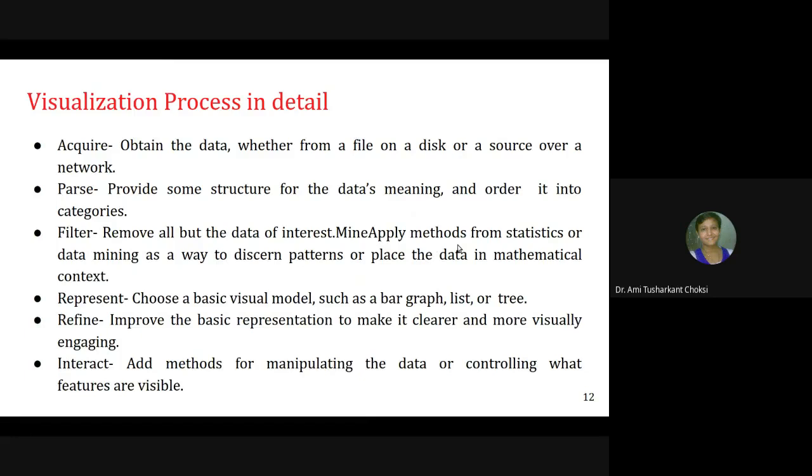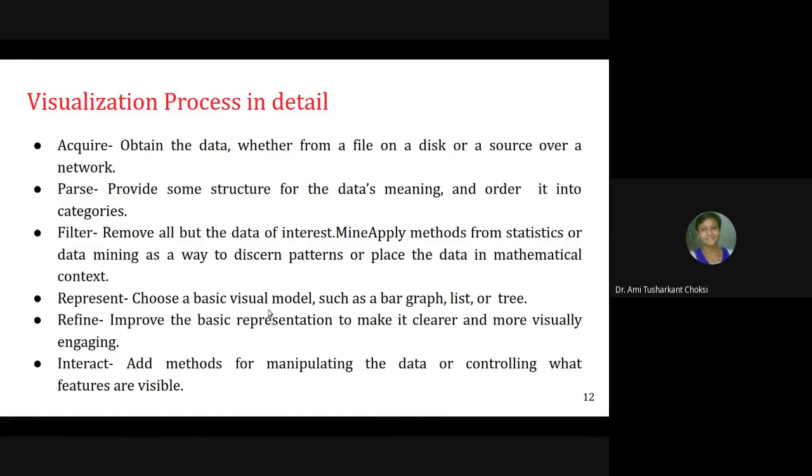Apply methods from statistics or data mining as a way to discern patterns or place the data in mathematical context, right? Represent. The next step is represent.